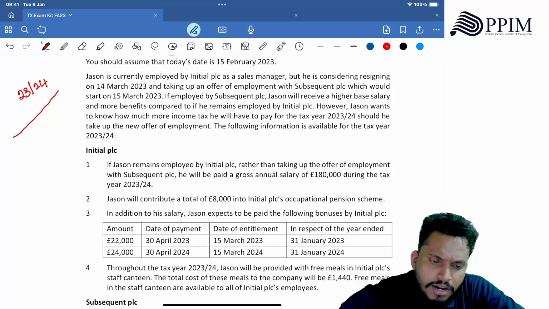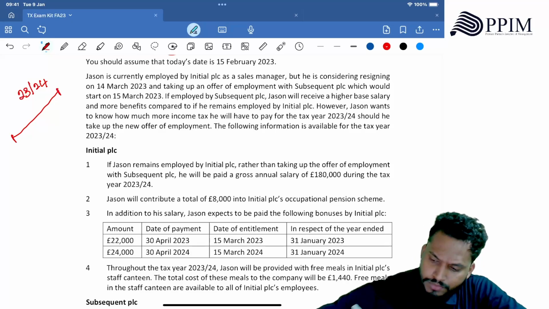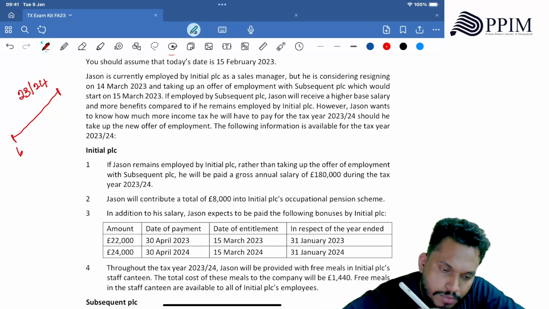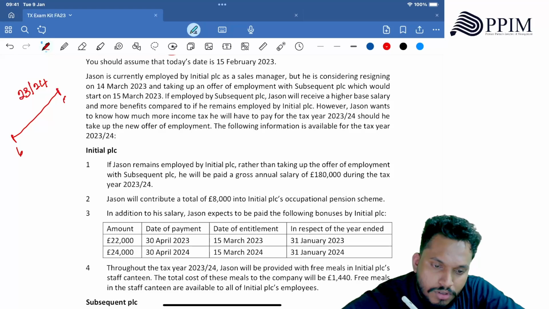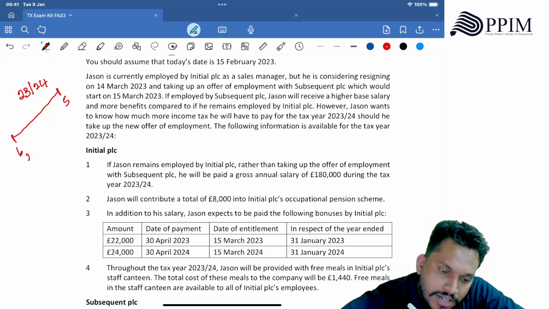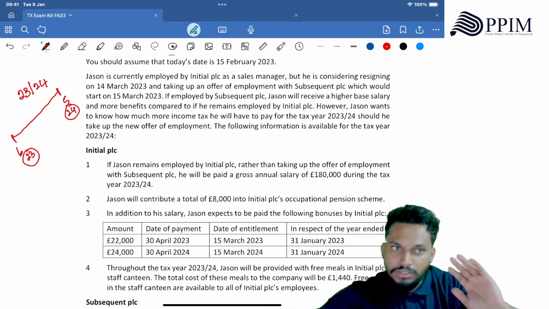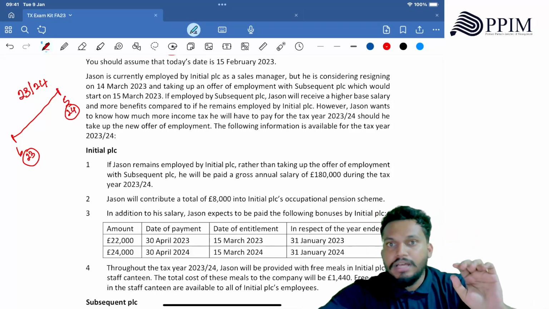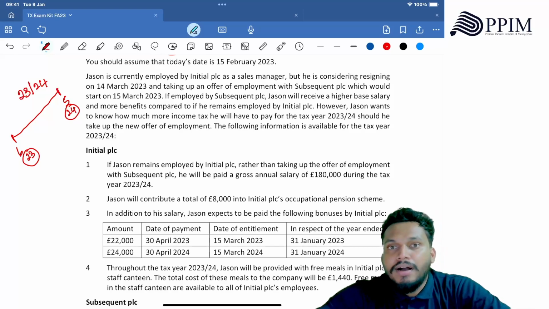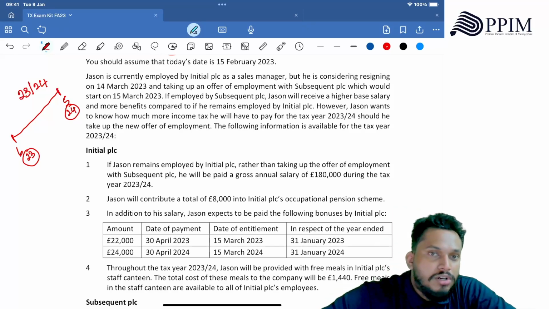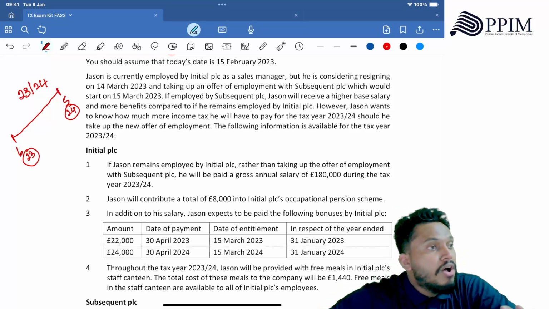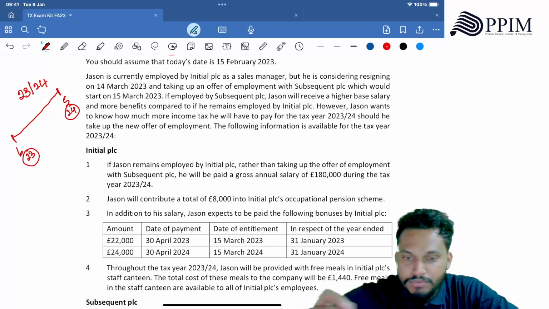So from when does it fall? 6th of April to 5th of April. This is 23 and this is 24. Now this is your tax year. So always keep that in your mind, because that part will play a crucial role when you are deciding certain parts of your answer. Okay, fine.